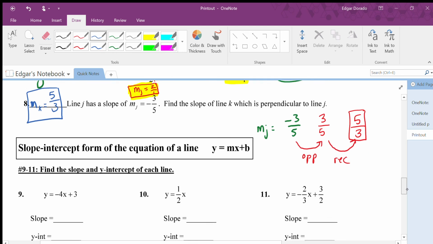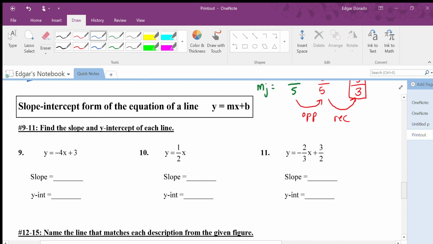That's one thing we're definitely going to have to know, not only for geometry, I mean later on, advanced algebra, algebra 2, college algebra, pre-calc, anything like that, calculus. You're going to need to know those small characteristics of parallel and perpendicular lines regarding their slopes. Okay. Okay, now we're going to move on to something that hopefully is a little bit more familiar territory to you guys, and that is slope-intercept form of an equation of a line, right?